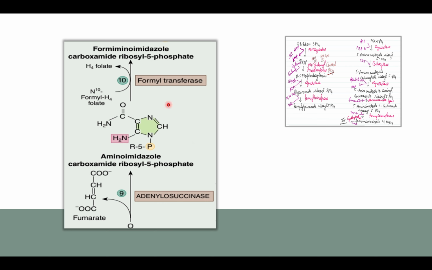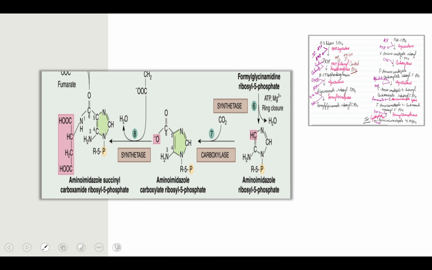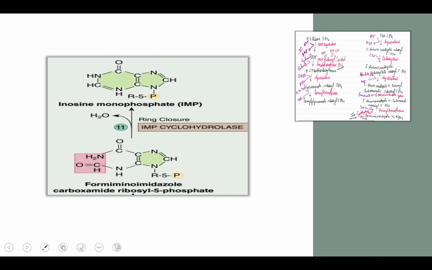In the presence of the enzyme formyl transferase, it forms formamido imidazole carboxamide ribosyl 5-phosphate, and this component is acted upon by the enzyme IMP cyclohydrolase, which leads to the closure of the second ring as well, releasing one molecule of phosphate, forming IMP, that is inosine monophosphate.